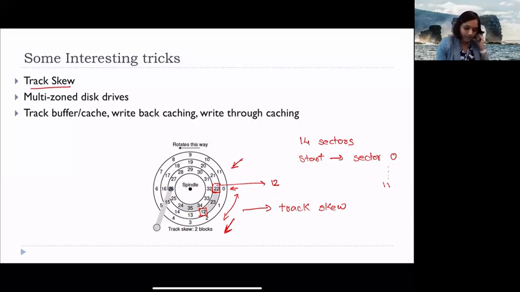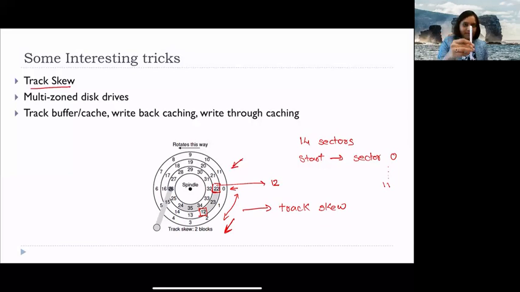Now, in order to seek this new track, we know that we would have to move our head to the new location. This motion is a physical component, so it cannot be instantaneous, right? It would take some time for the head to be relocated from the outermost track to the track inside that.